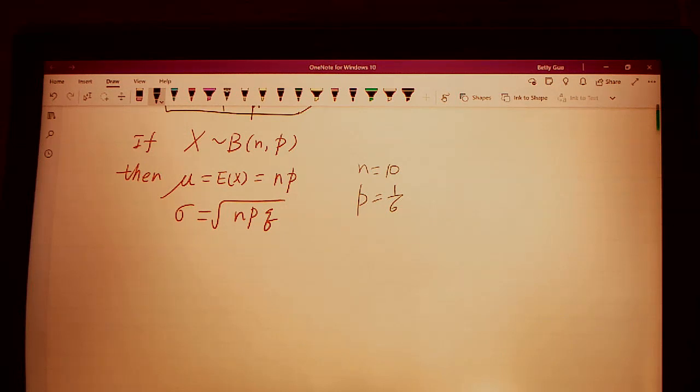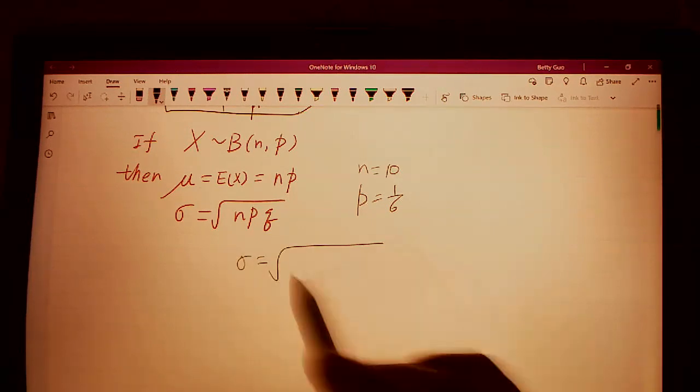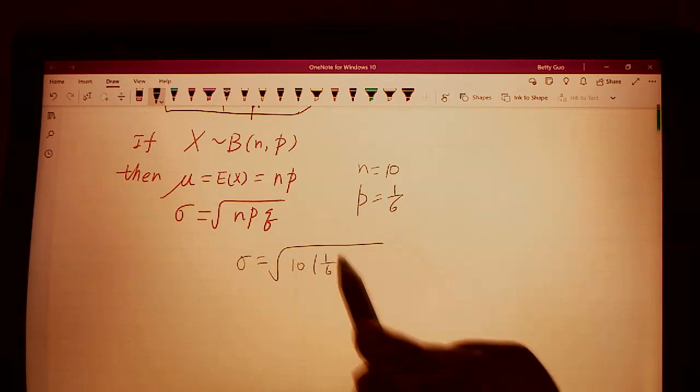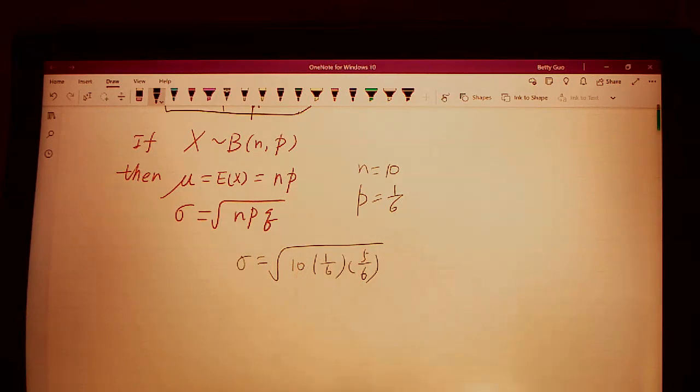Yeah, p and q add up to 1 because p is the probability of success, q is the probability of failure. The 2 events are complements, so their probabilities add up to 1. So in this case, our sigma would be the square root of 10 times 1/6 and then times 5/6. And then you can use the calculator to help you find the value.